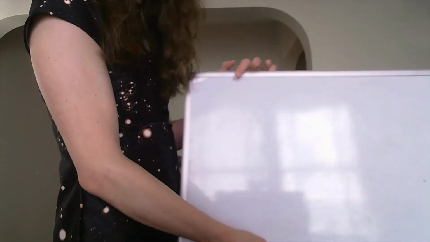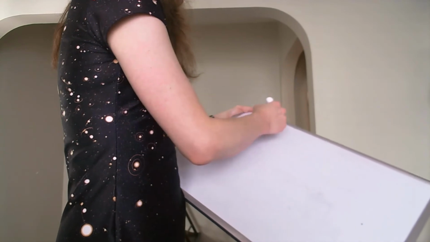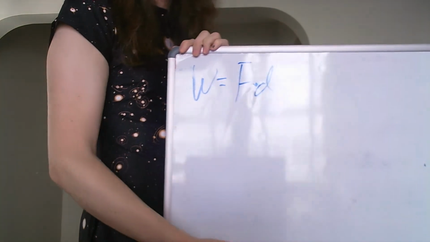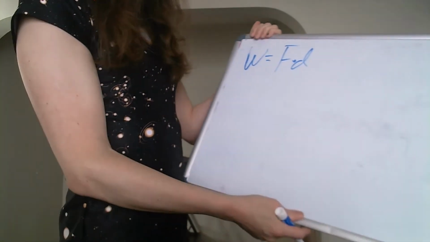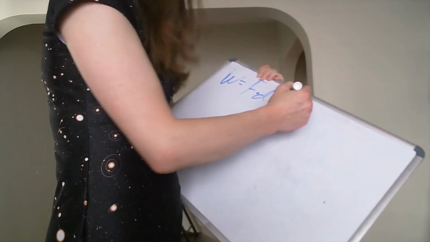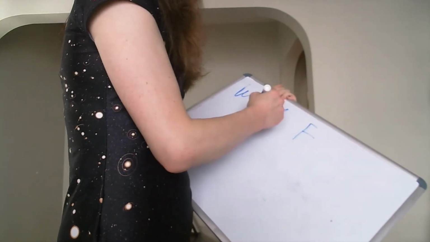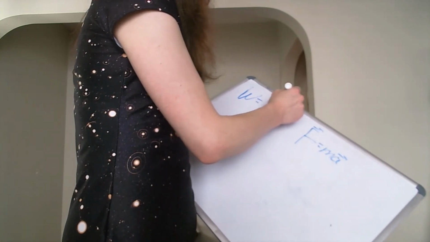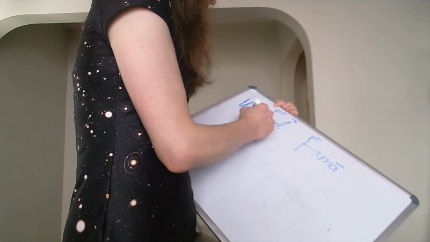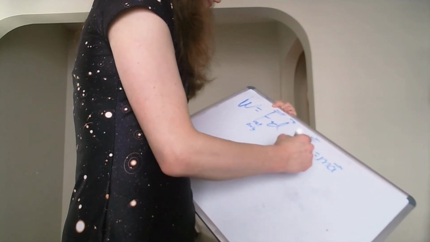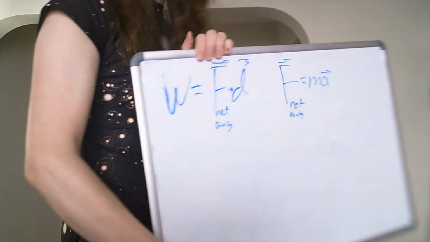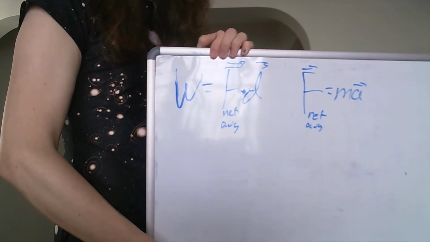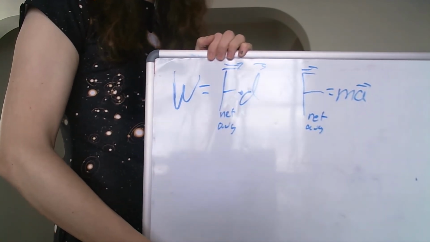So we said that work is force times distance here. And we remember from earlier experience that Newton's second law tells us that the net average force is mass times acceleration.